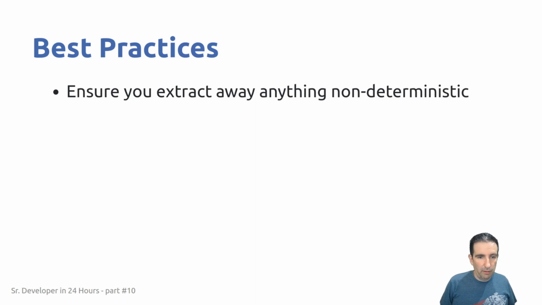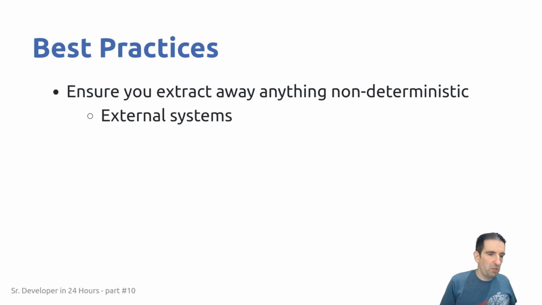Something else that is important, we want to extract away anything that is non-deterministic. We were talking about how unit tests should be deterministic. Whenever we run a test, we should always get the same result as long as the inputs and the code remain the same. To do this, we want to, again, extract away anything that we could consider to be non-deterministic.